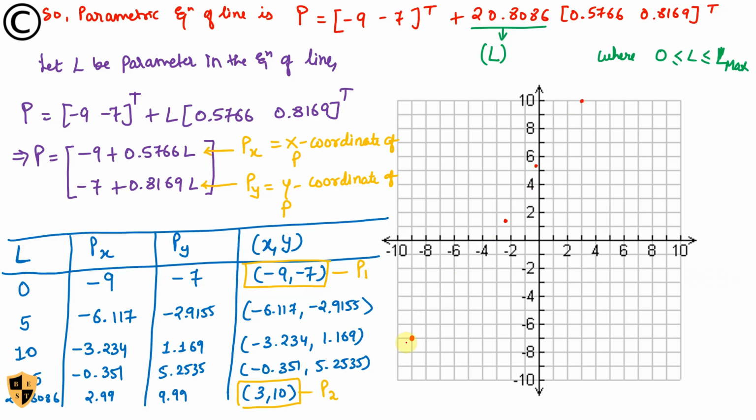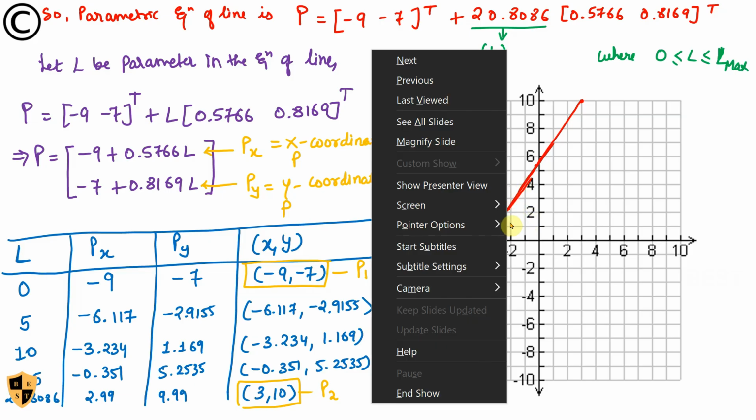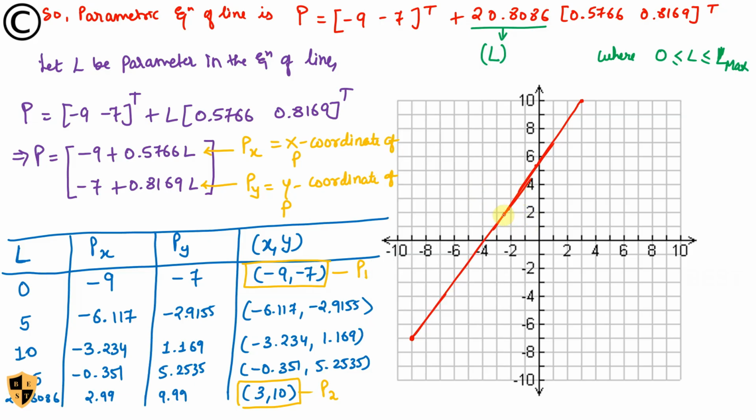And now you can just try to connect all the points. Maybe this point that we have is located somewhere over here. So we got the first point, second point, third point, fourth and fifth.